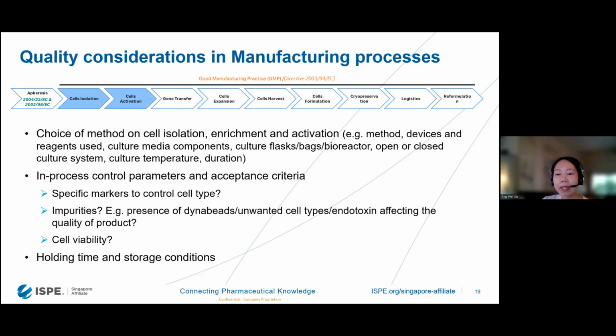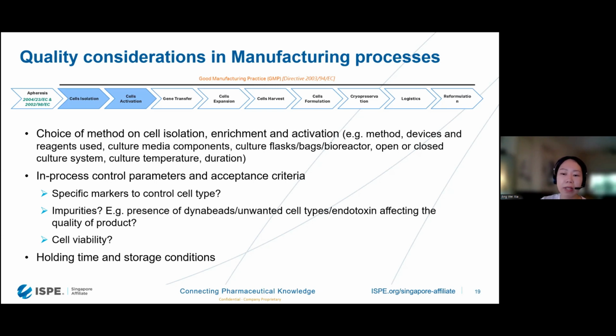In the MAA dossier, the applicant should provide evidence that the process is consistent and that the differences in the final product characteristics are caused only by its origin. You may refer to GMP Directive 2003/94/EC, laying down the principles and guidelines of GMP in respect of medicinal products for human use and investigational medicinal products for human use.